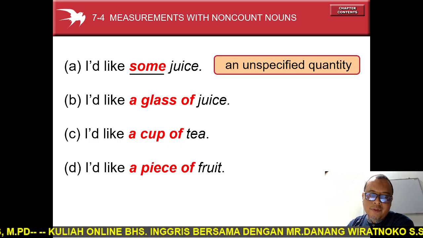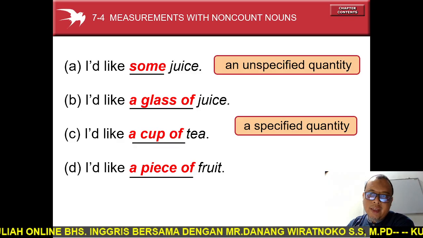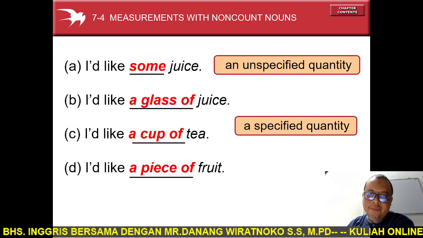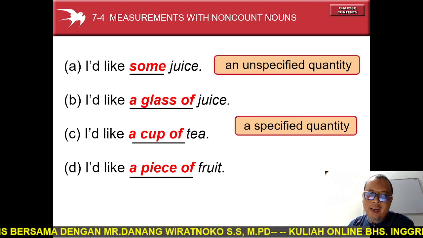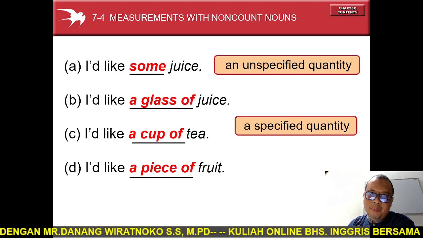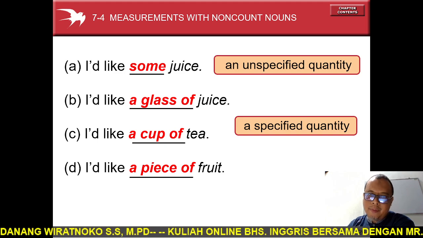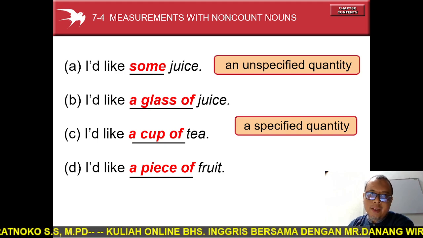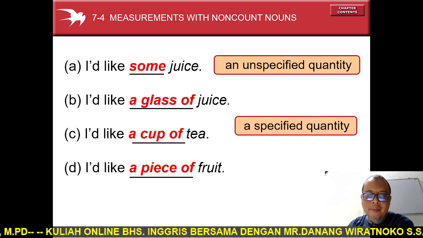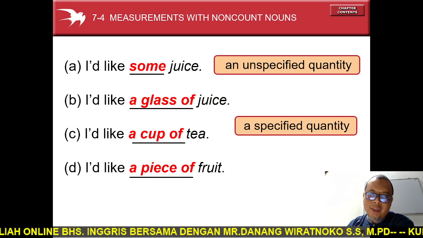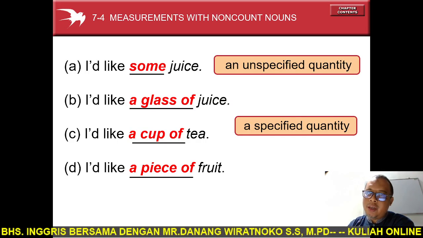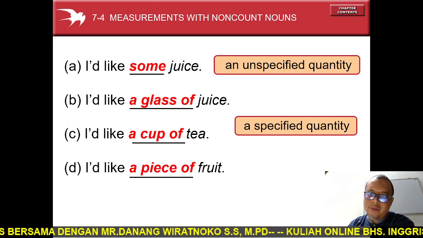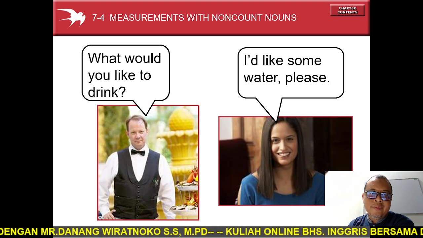I like a piece of fruit. Okay, so this is a specified quantity. A glass, a cup, a piece. Yeah, this is specified. It means khusus. Yeah, jadi ada takarannya. A glass, a cup, a piece. But when it says some, we don't know the quantity of that much.